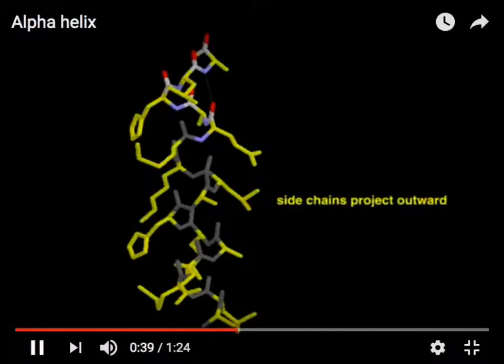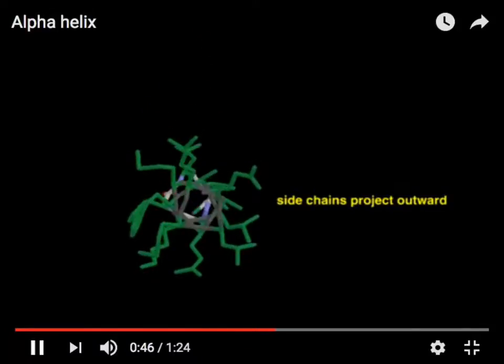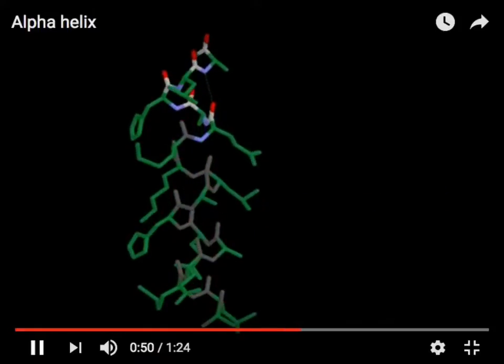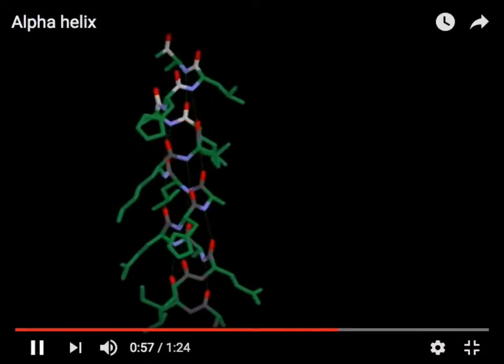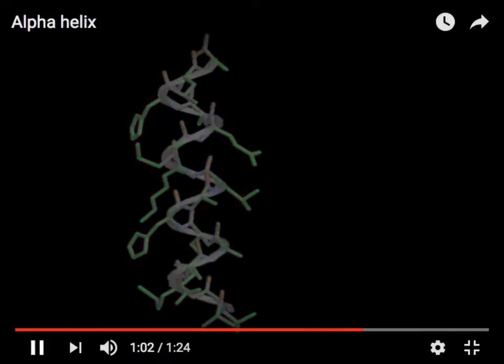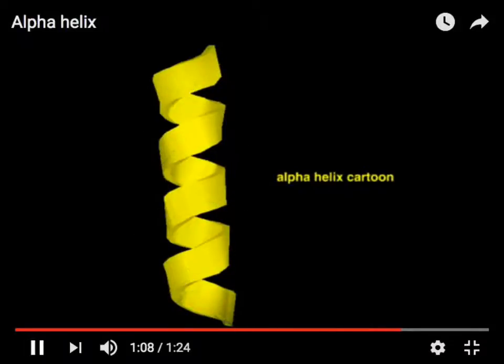Alpha helices are regular cylindrical structures. One full turn occurs every 3.6 residues and extends the length of the helix by approximately half a nanometer. Secondary structures are often represented in cartoon form to clarify the underlying structure of a protein. In this representation, the twisted 3D ribbon follows the path of the peptide backbone.